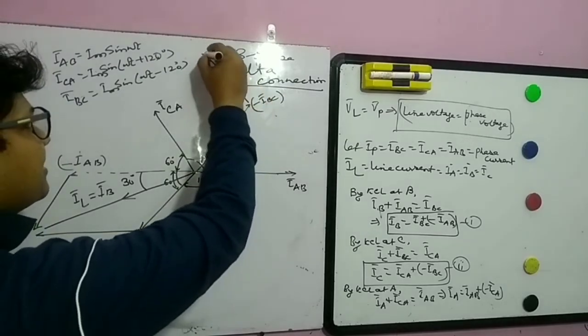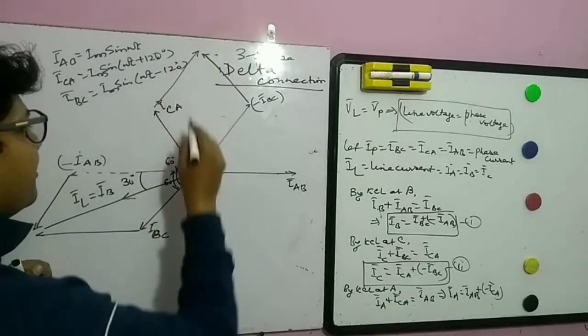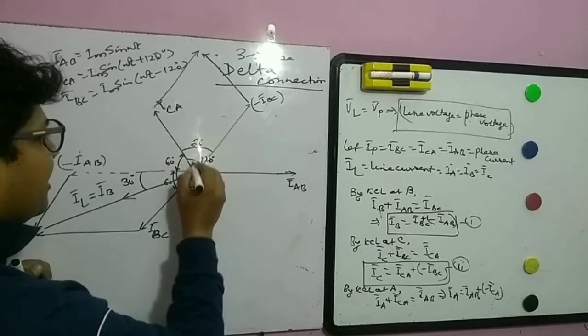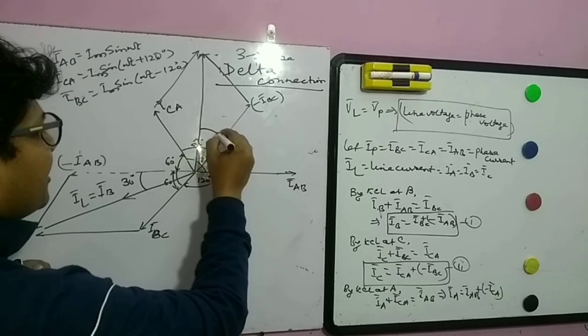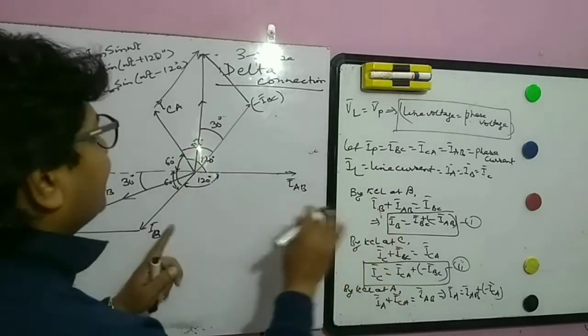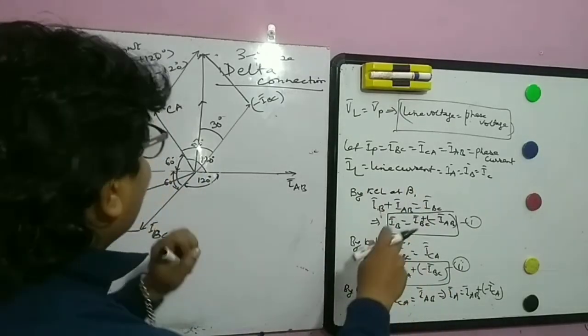Okay, like this. So what is the resultant? So this will be angle 60 degree. And what is the resultant? So resultant will be here. It means we are getting here at 30 degree, and this is nothing but IC. IC is the phasor sum of ICA and minus IBC. Where is IBC?